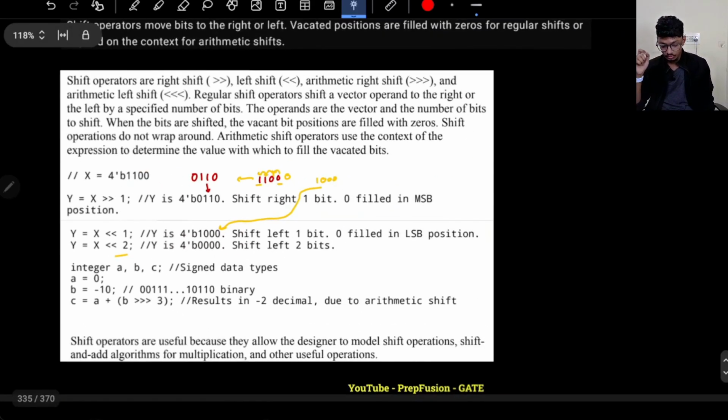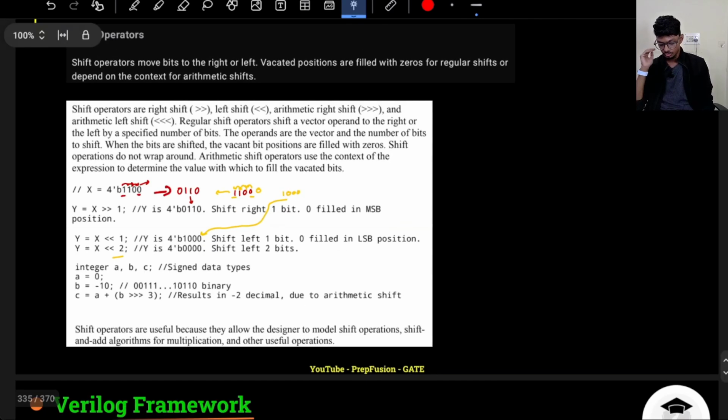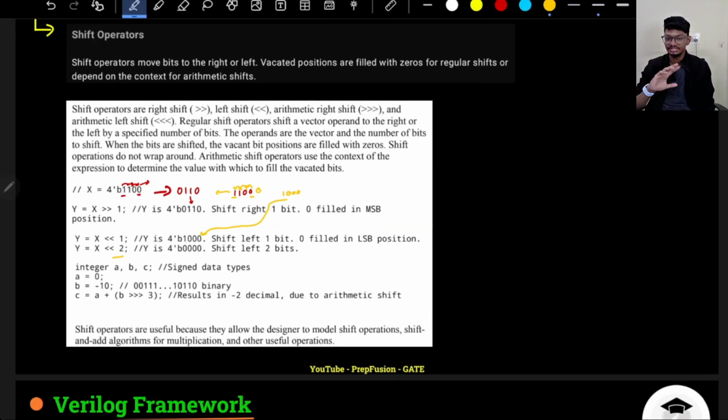Now there is another thing known as arithmetic left shift and right shift. Just remember this: arithmetic left shift and right shift is used for signed data type integers.